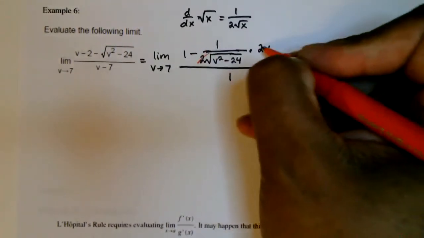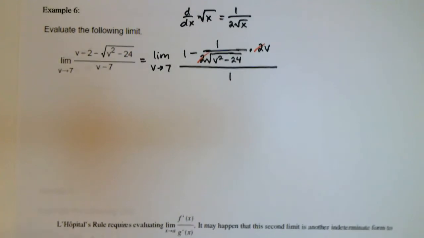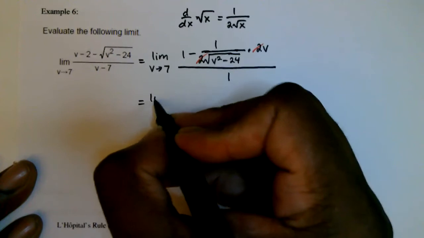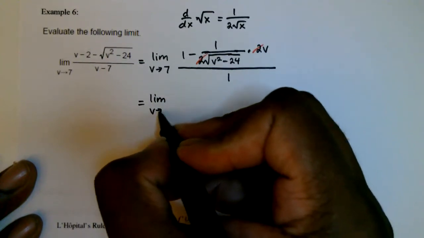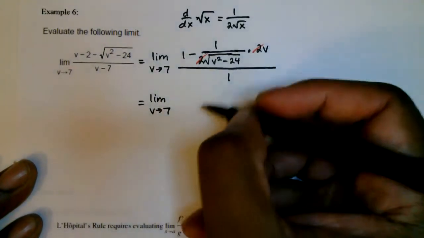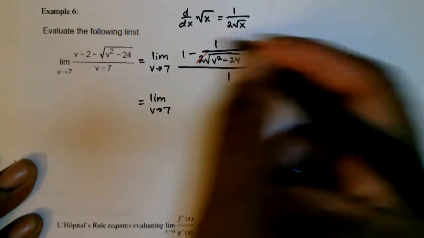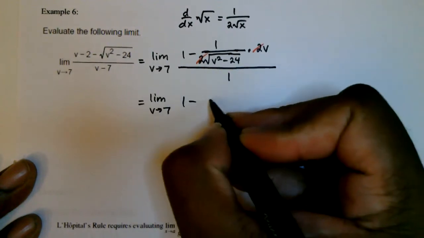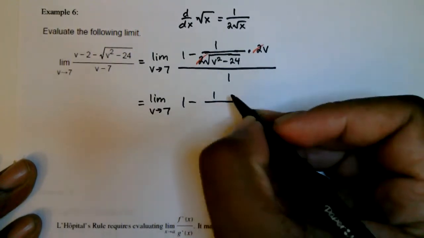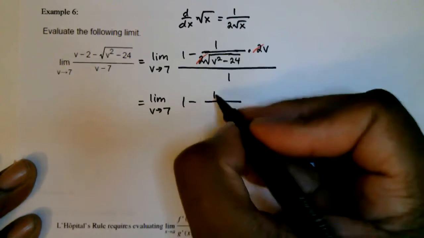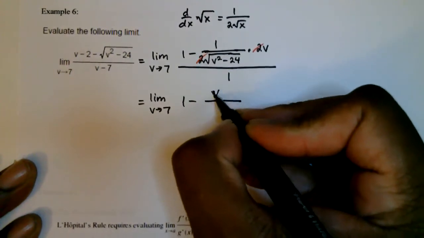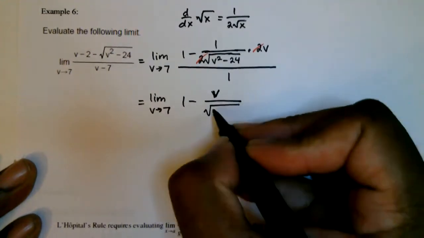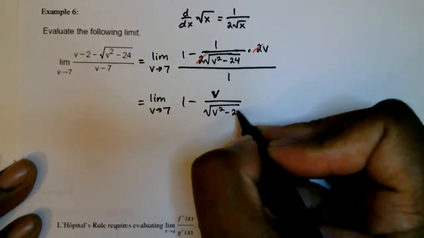Now I can divide out the 2's here. So I will be left with the limit as v approaches 7, and all of this divided by 1 will be all of this in the numerator. So I have 1 minus the v in the numerator divided by the square root of v squared minus 24.